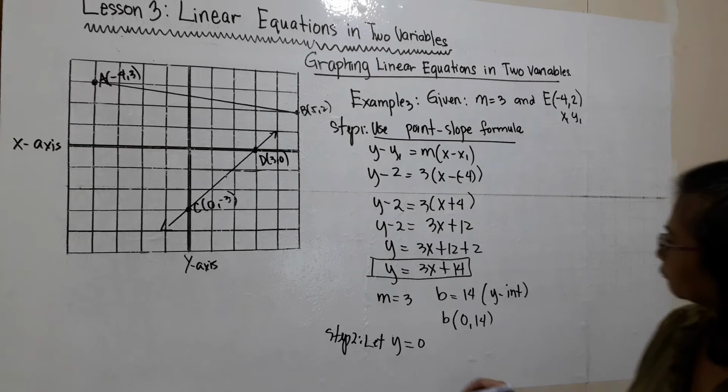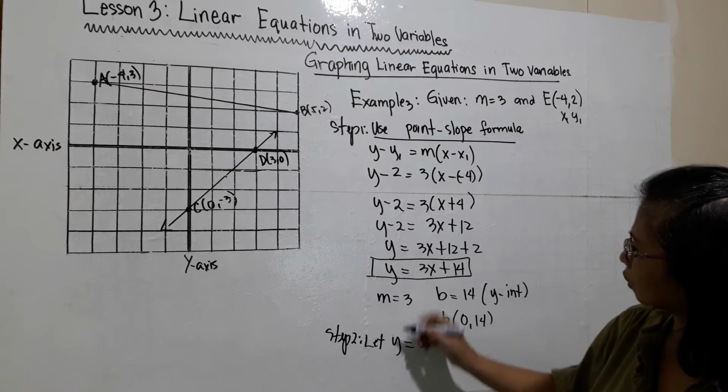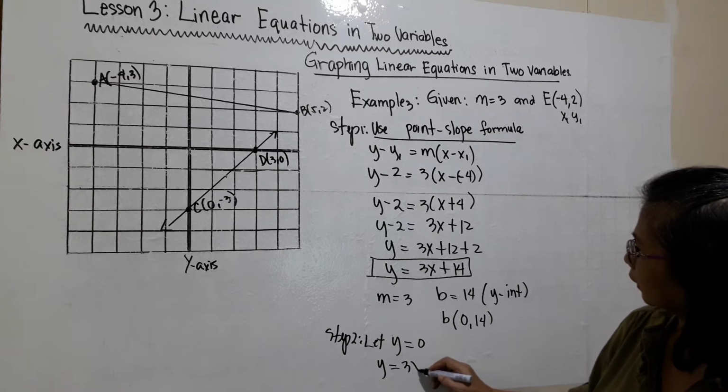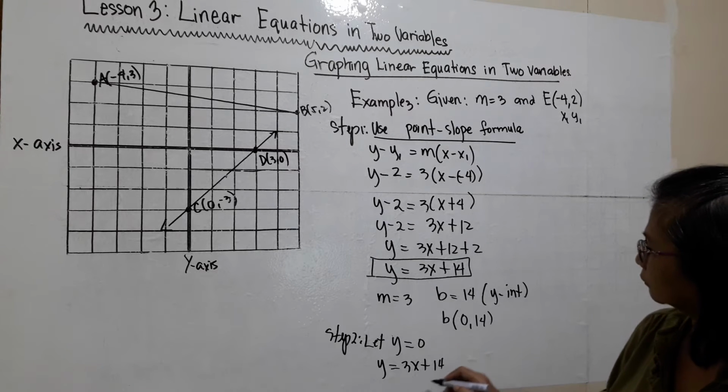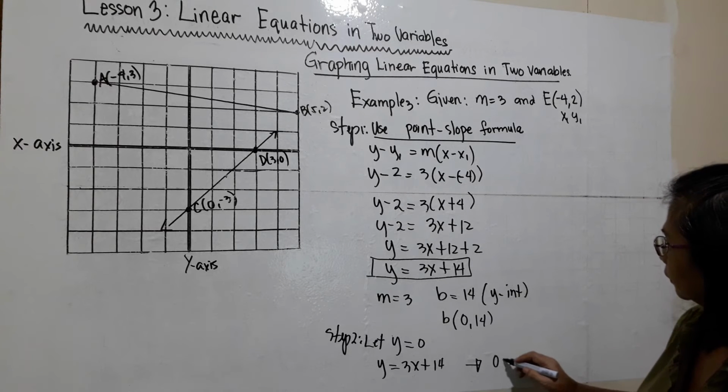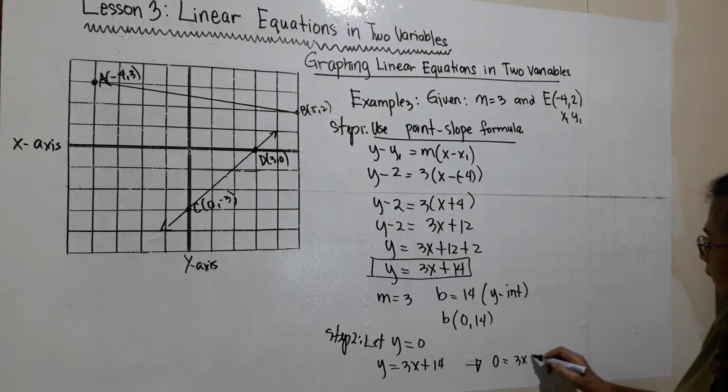Copying this equation, y equals 3x plus 14. So we have 0 equals 3x plus 14.